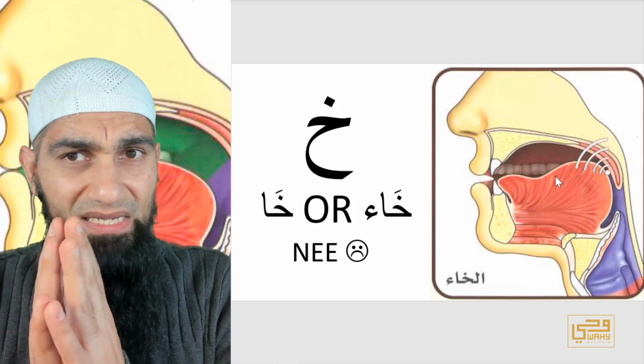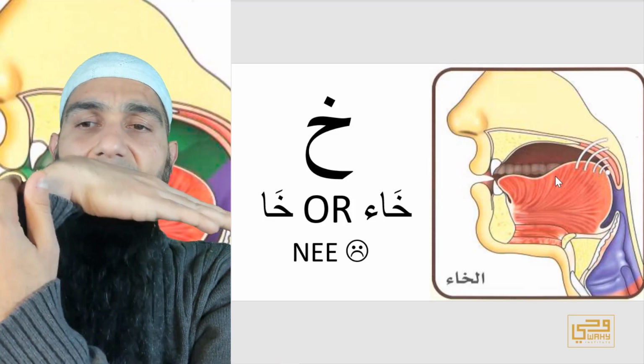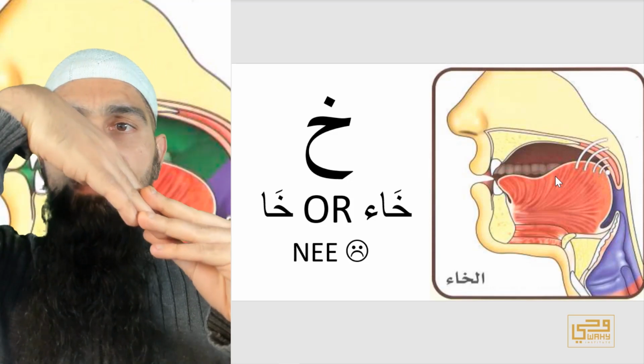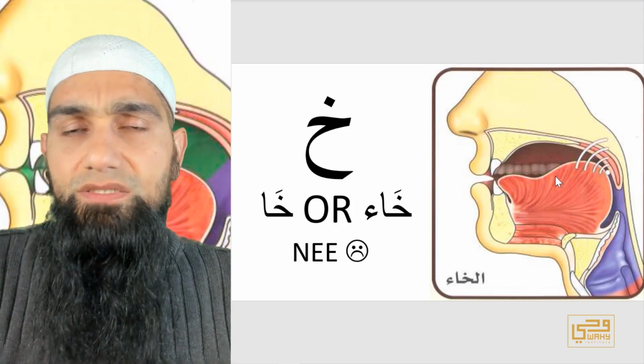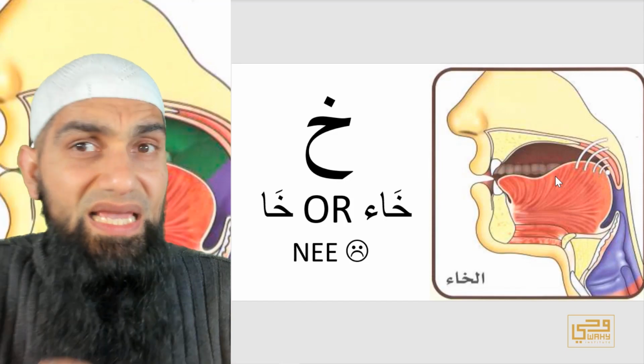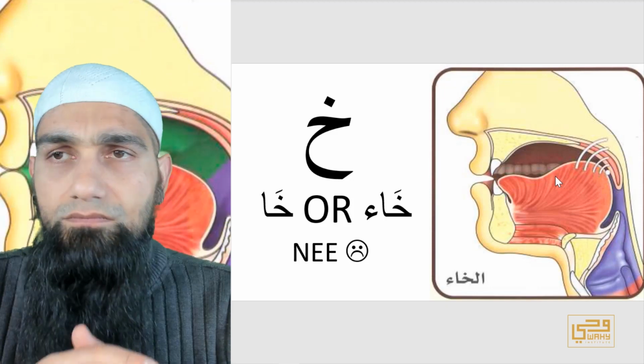Now look at me and hear me pronouncing this letter, once without raising the back of the tongue, and once by raising the back of the tongue. First I'm going to say the letter by not raising the tongue.